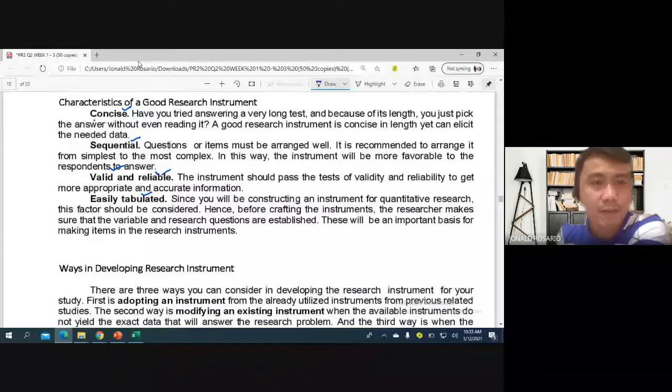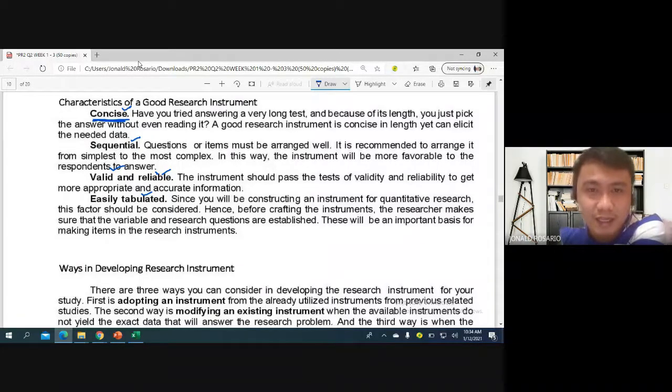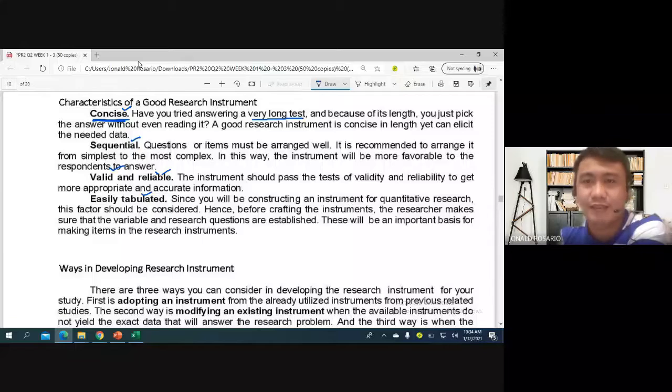Okay. Pag sinabi nating concise, kumbaga brief, short, yung pagka nakita ng mga respondents ninyo ay hindi sila masusuya or maiinis na sagutan. Ibig sabihin, hindi dapat siya napakahaba. Okay?